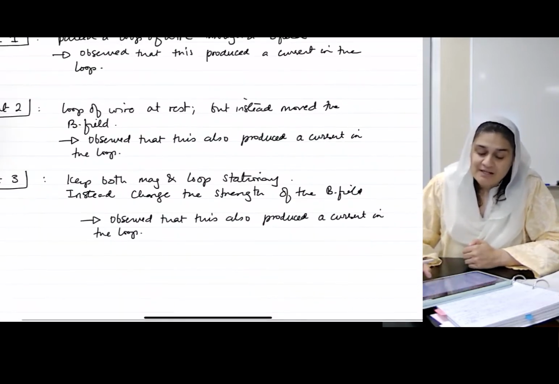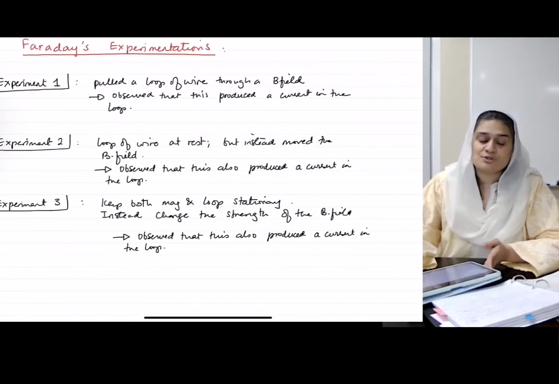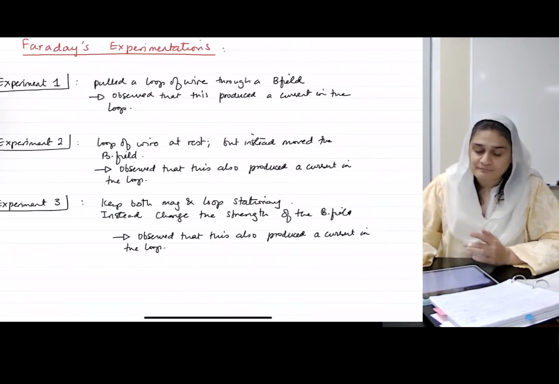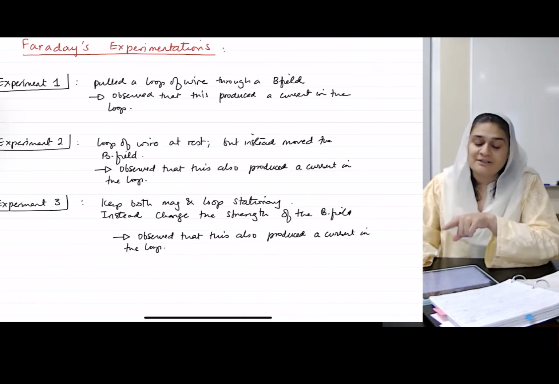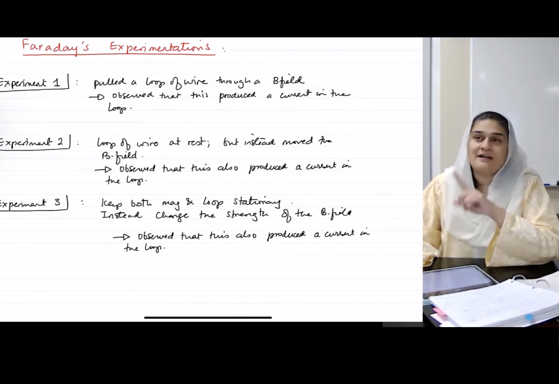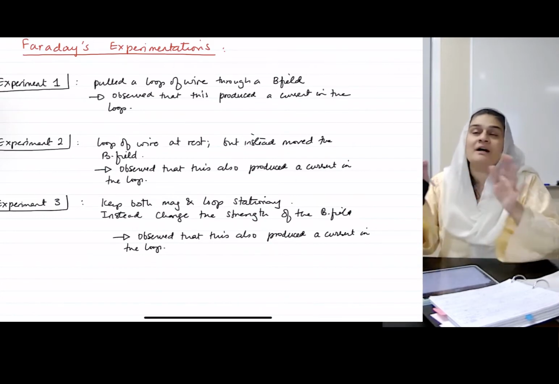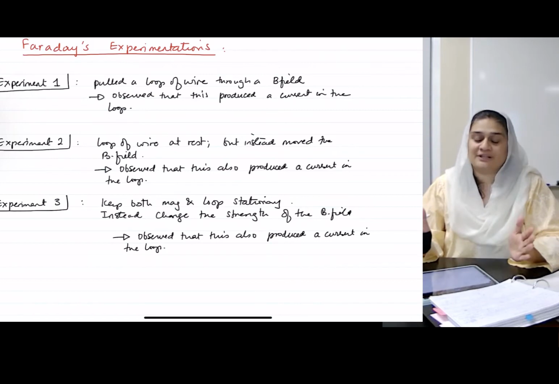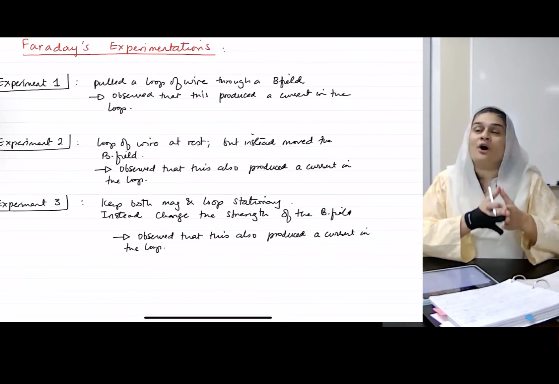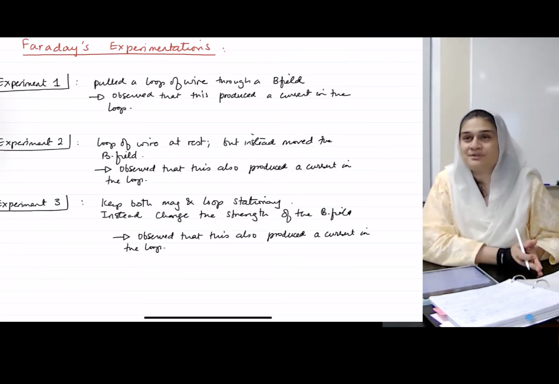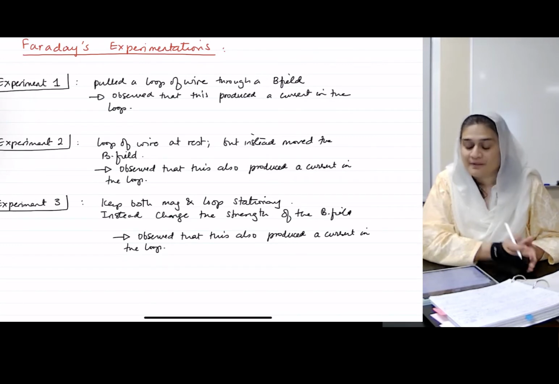So this led him to say that no matter what the reason it was that the B field was changing, regardless of how the B field changed, there will always be a current that's produced. Okay?